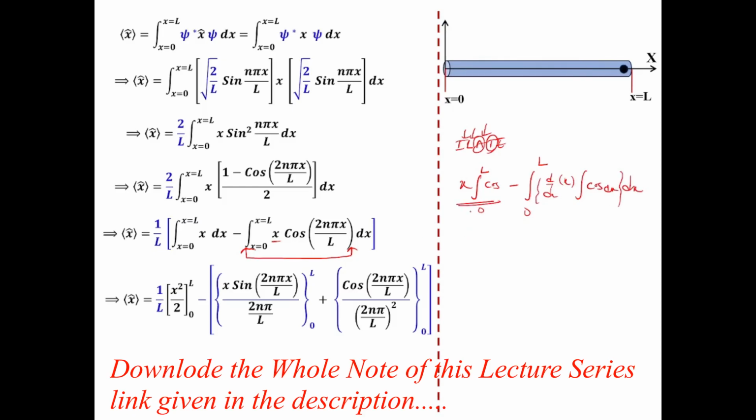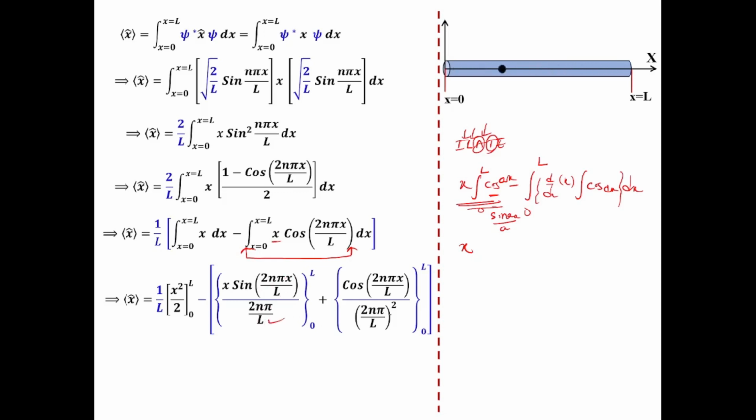So the first term will be how much? x cos x integration is sin x, or for cos ax, the integration will be sin ax by a. So here cos 2n pi x by L, its value will be x sin 2n pi x by L divided by 2n pi by L, and the limit will be 0 to L, right?